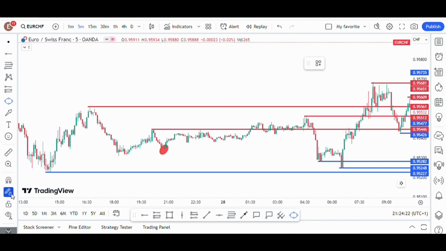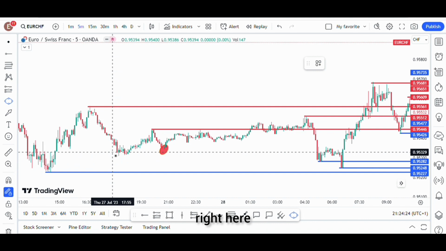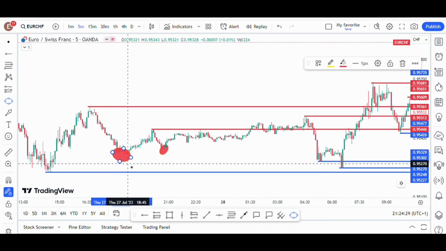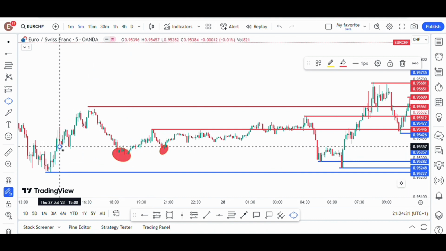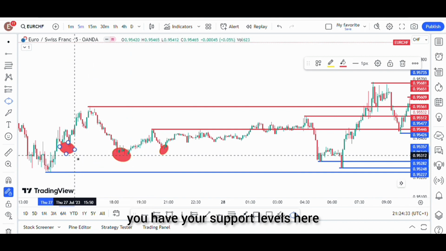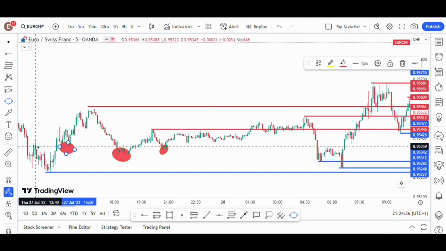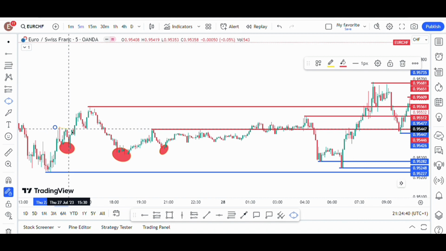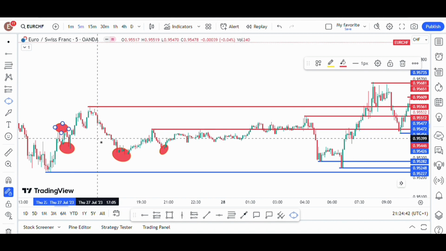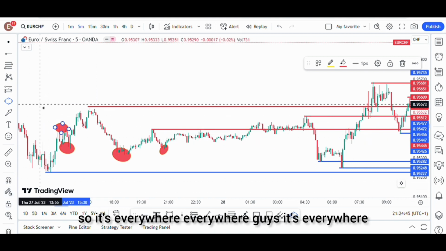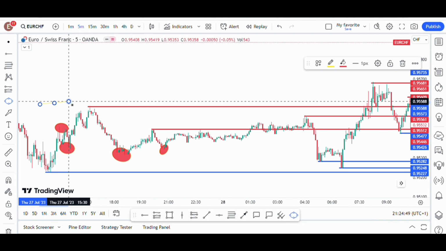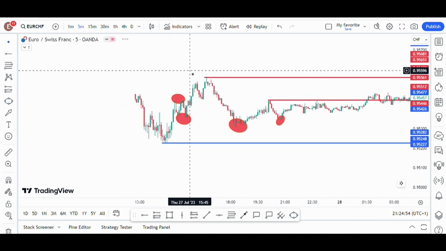Hold on, right here you have your support levels. You have your support levels here. You have your resistance level right here too. So it's everywhere, guys.